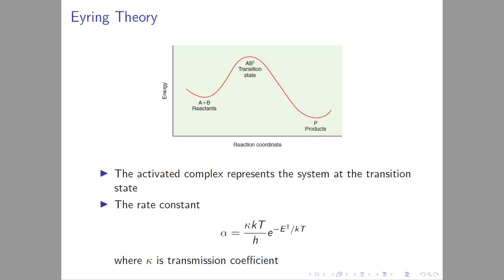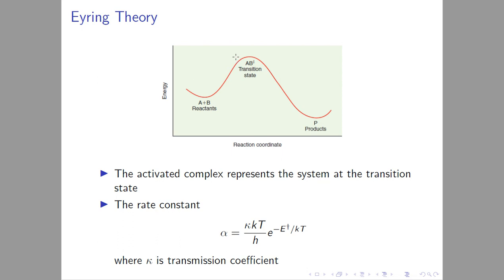So next is the Eyring theory. So A plus B becomes the product. This A plus B will meet again and again and produce an energy.